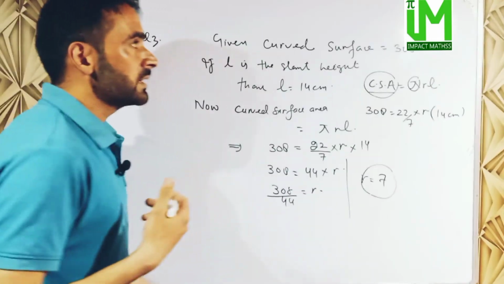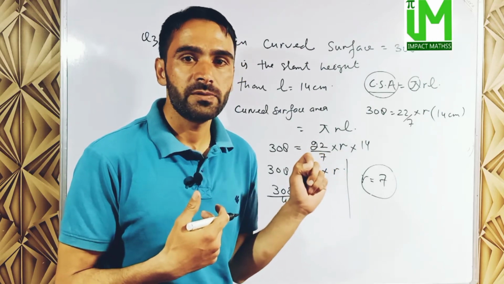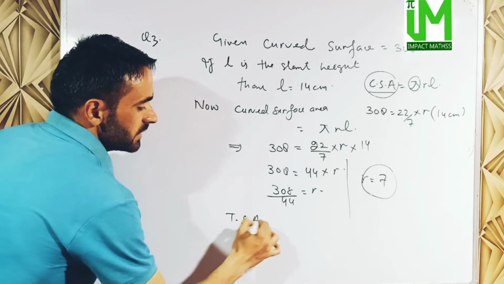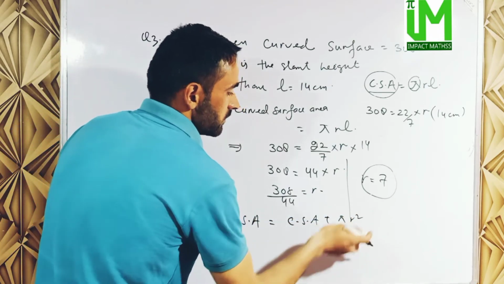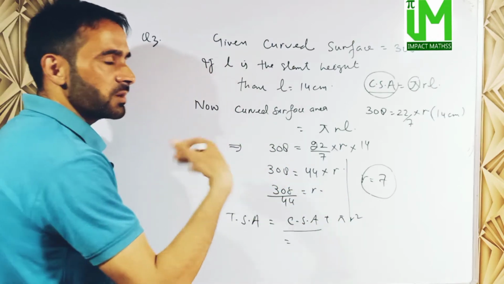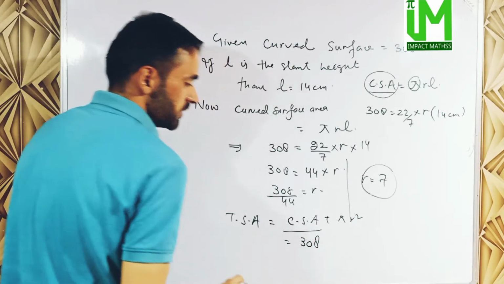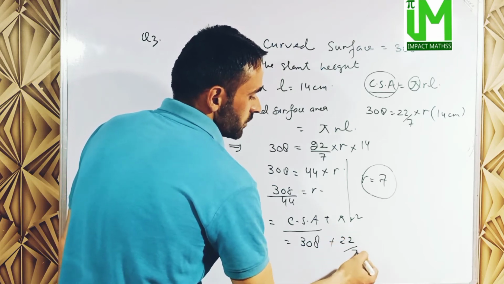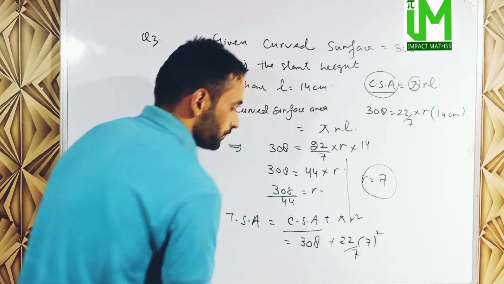Now we have to find the total surface area. Total surface area will be curved surface area plus pi r square. The curved surface area is already given, so there is no need to compute it again from scratch. It will be simply wastage of time. Plus pi value 22/7, r value 7 square.